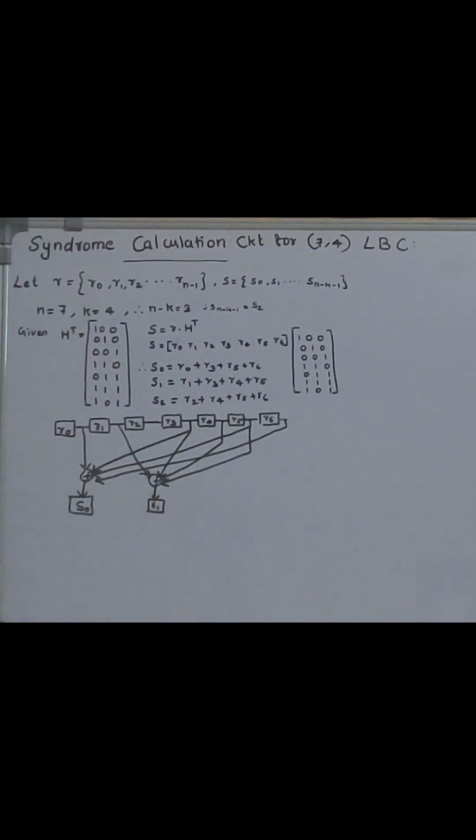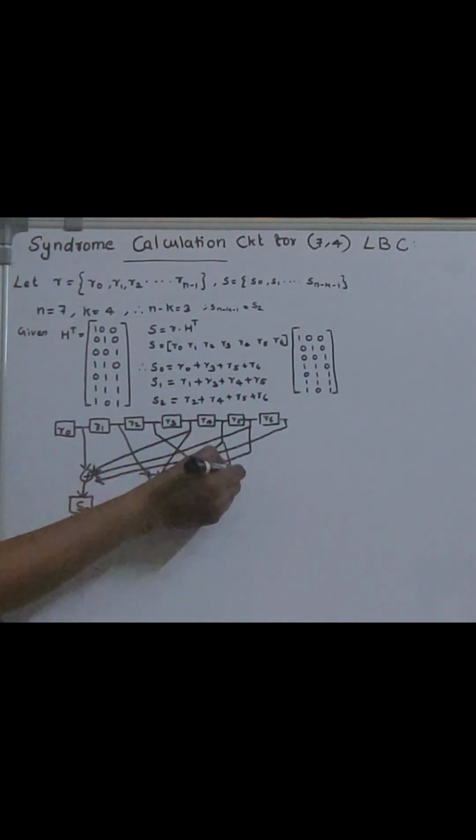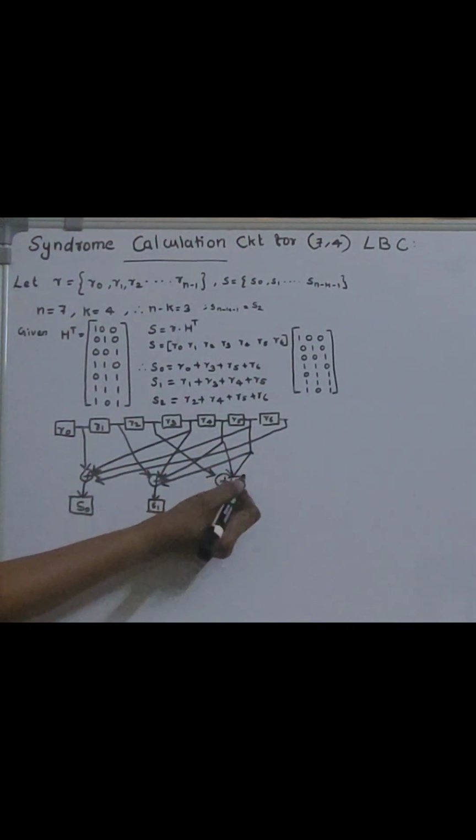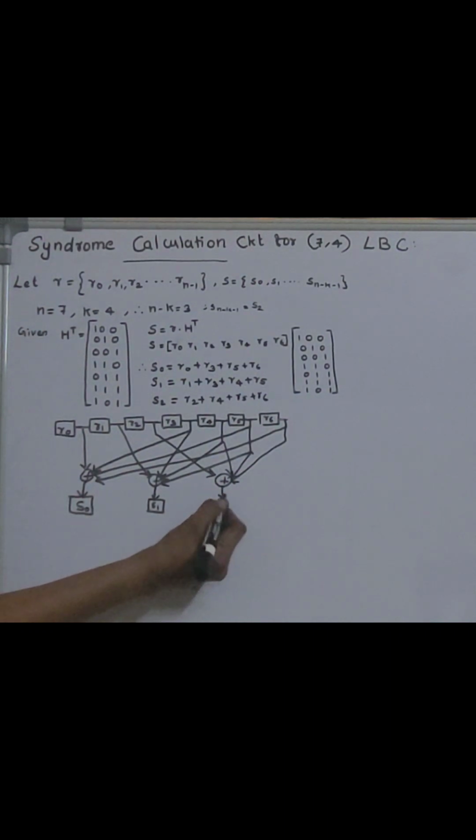Then for the output S2 we have the modulo 2 addition of R2 plus R4 plus R5 plus R6. We get S2. This is how we will get the value of S0, S1 and S2.